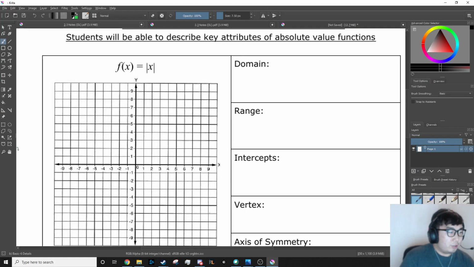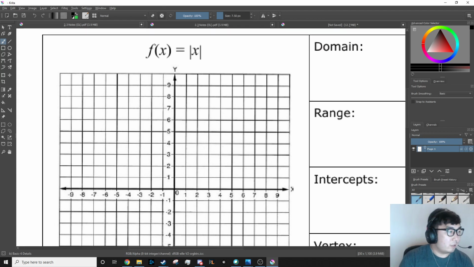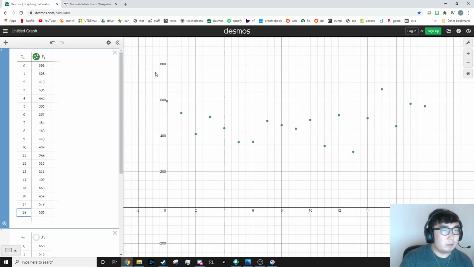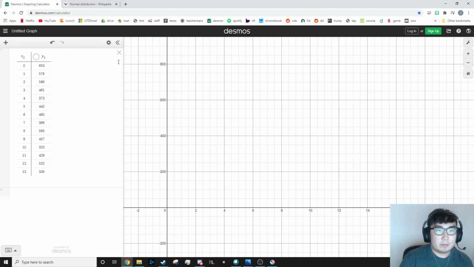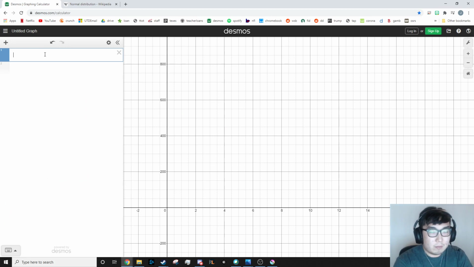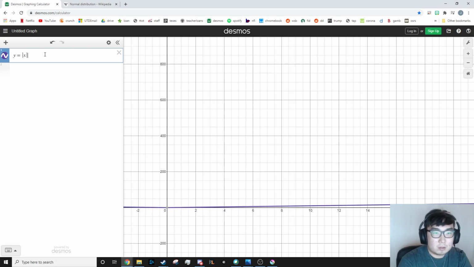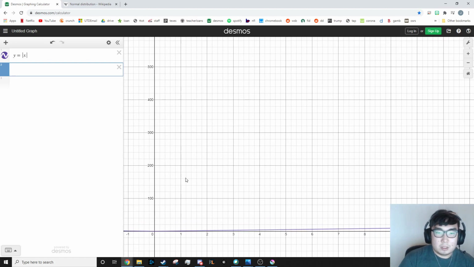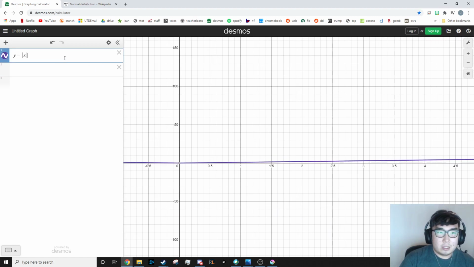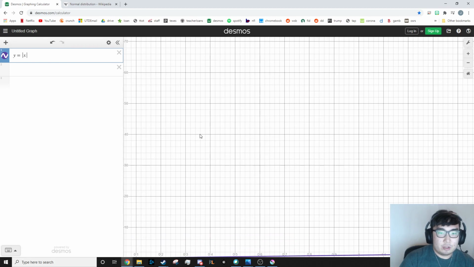And what if I told you, where's my picture? There it is. Okay, what if I told you that absolute value functions, when you graph it on Desmos, which I will do, y equals absolute value of x. So let's take a look at how that will appear.